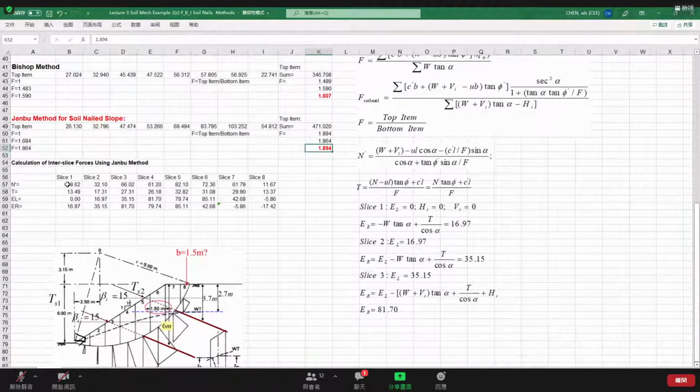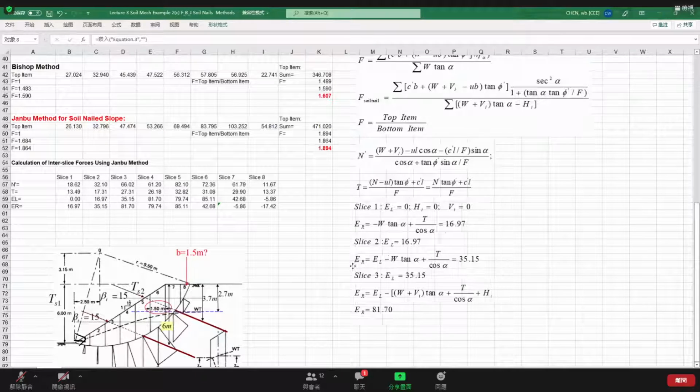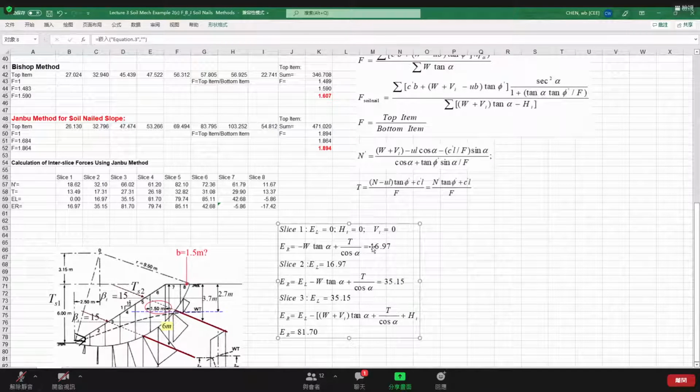And for the calculation of the inter-slice force using Jambu's method, as I said, I already listed this, the detail about the equation to calculate the inter-slice force. The EL for slice 1 is equal to 0, right?